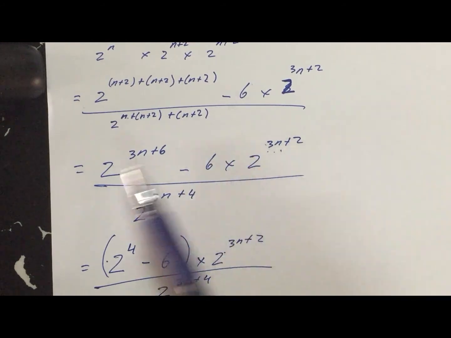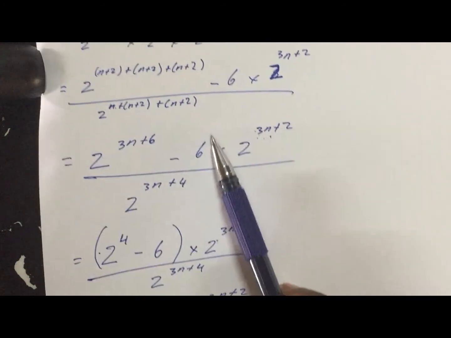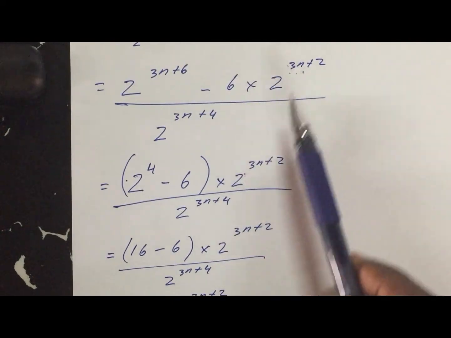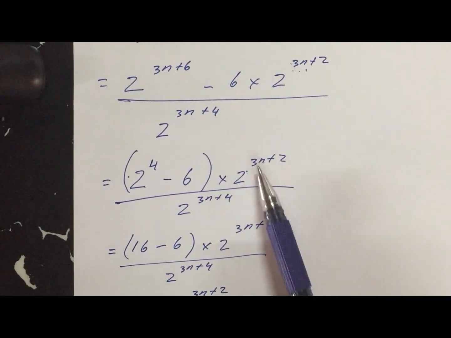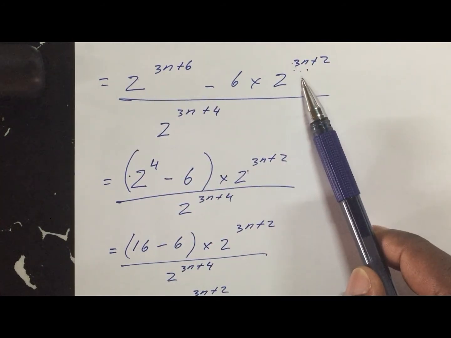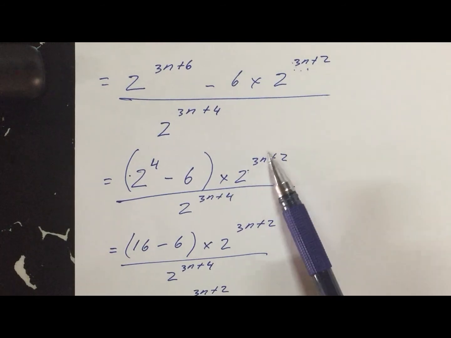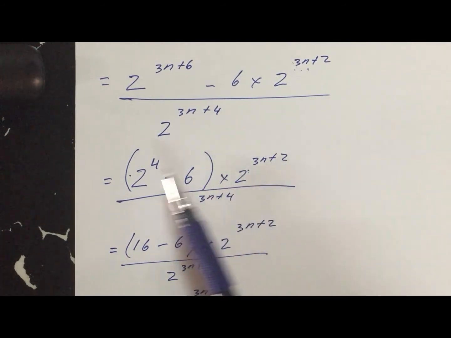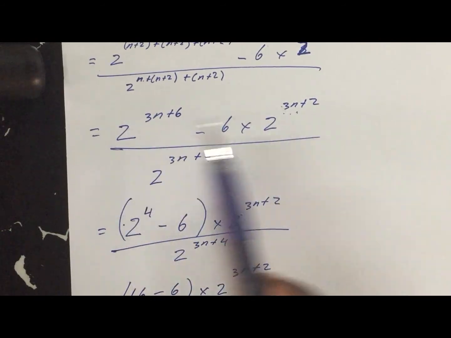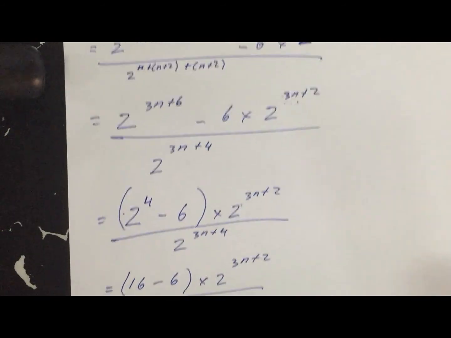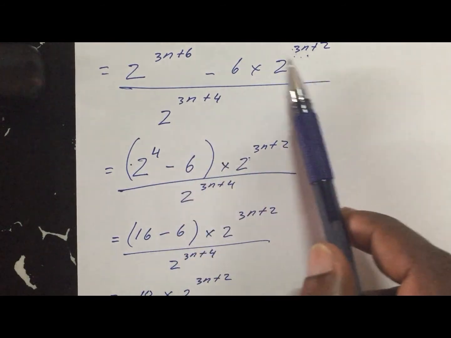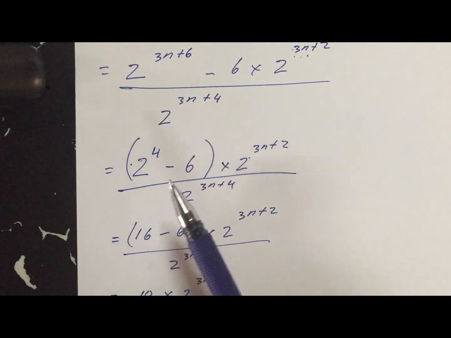We still can't group our 2s because of the negative 6. So in order to get around this, we factor the 2. We see that what is common between these is 2 to the 3n plus 2, so we factor it out. Now if we multiply this, we will end up with this same numerator.